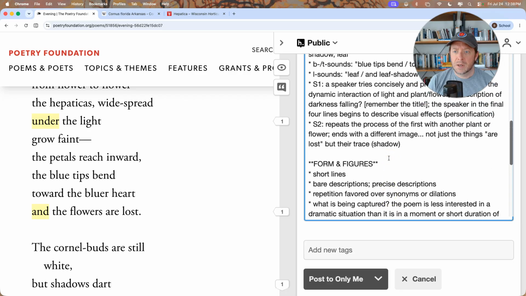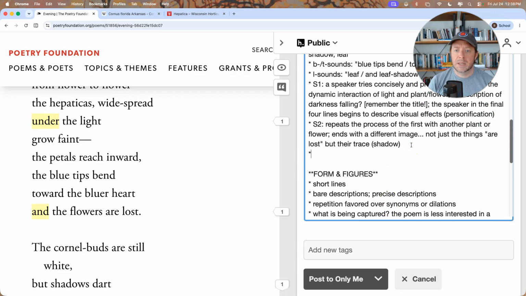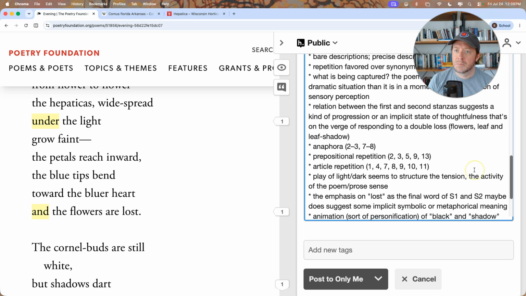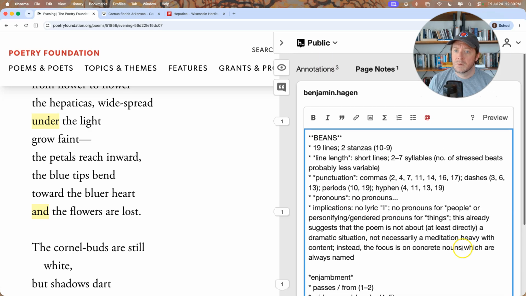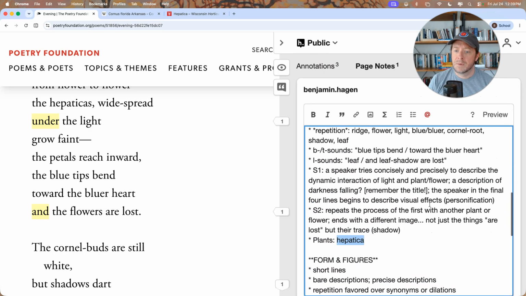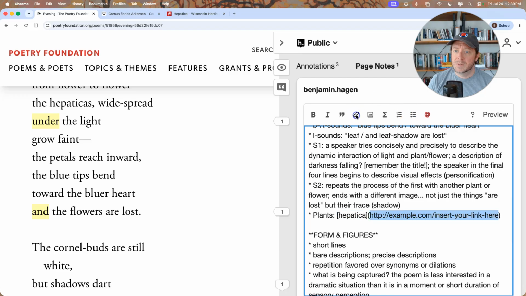All right. I might go back up here under sense and think about the plants. So the hepatica, let's go back up here. I do want to put in just a link.